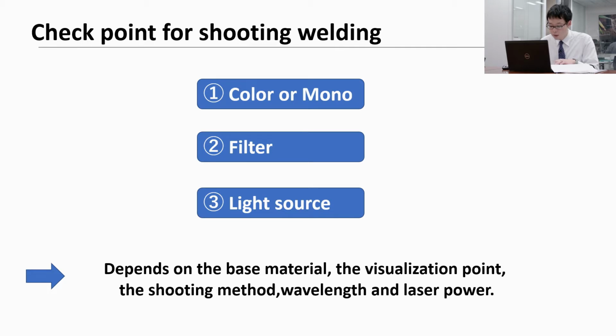Second one, selecting an appropriate filter according to the shooting condition. Third one, selecting an appropriate light source according to the shooting point the customer wants to visualize. About these points, it depends on the base material, the point to visualize, the type of welding, the wavelength and the power of the laser, and so on.